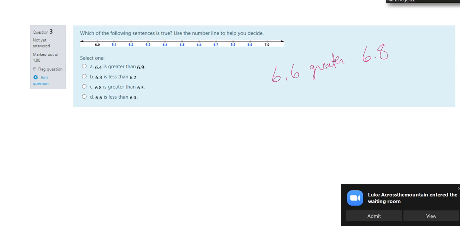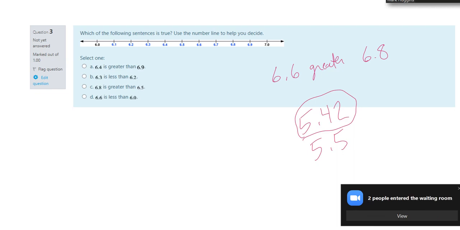What ends up happening is when we see decimal numbers, some people will make a mistake thinking like, say, 5.42 and say 5.5. They'll think the 5.42 is bigger because they think, well, 42 is bigger than 5.